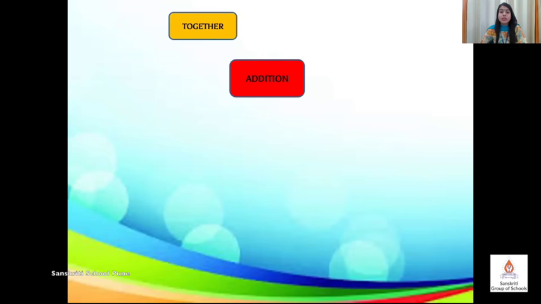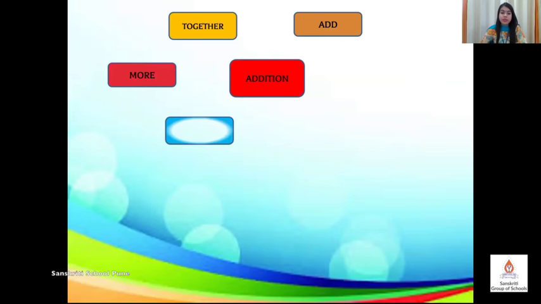When we see the term together, we know it's addition. For add, if in the question there is a word add, means we have to do addition. Again, if we have more, how much more we need to add? So again, we use addition.